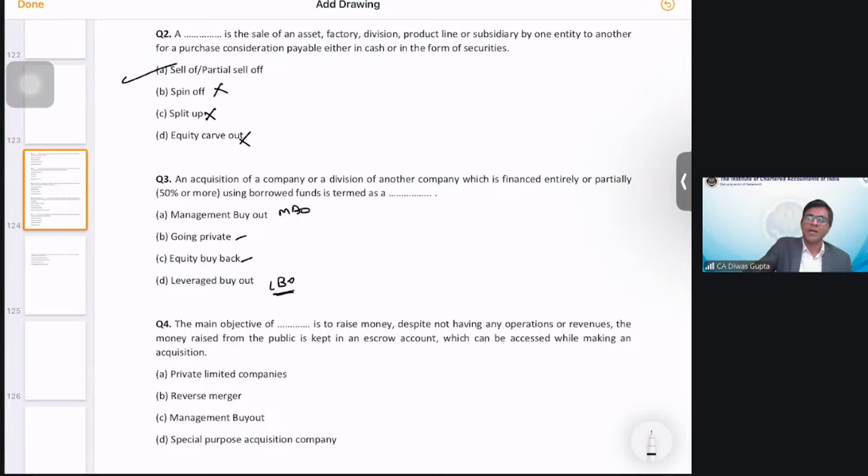Today only we discussed, if you borrow the funds and use it for the acquisition of a business, it is called what? No, let's just check. It's not going private definitely because going private means you are repurchasing. Yes, Sanjay, you are right. Leela, you are also correct. It's called leveraged buyout.